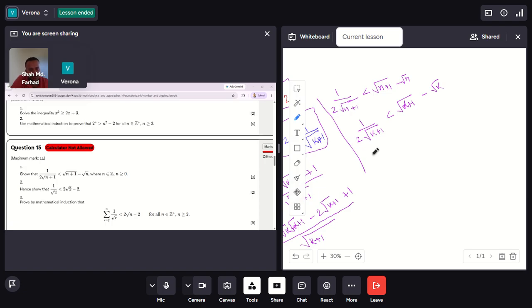Now if we multiply by 2, the 2 and 2 will be cancelled, then we can write 1 over root k plus 1 less than 2 root k plus 1 minus 2 root k.